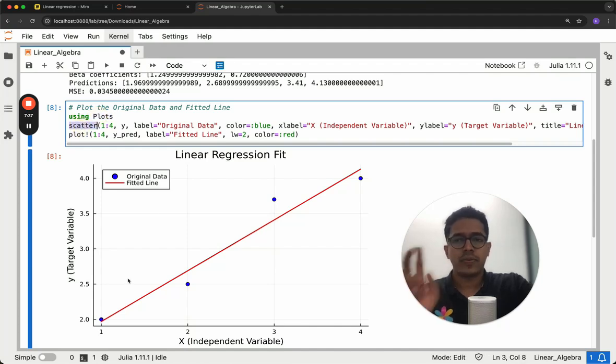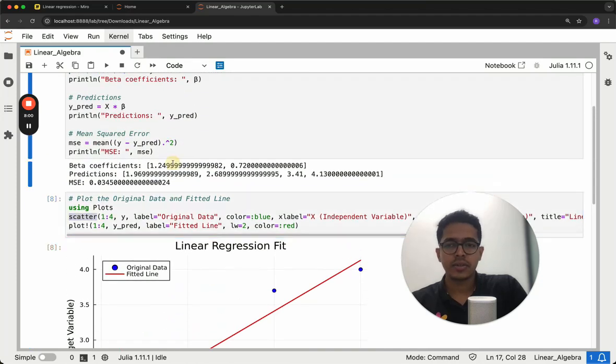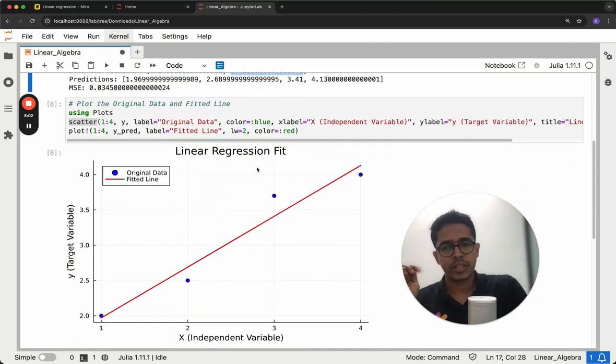It's a scatter plot of 4 points, and the 4 points are all the x values, which are not the predictions, the data points, and the red line is the least squares fit line. And the fit line is passing through the points really well, but you can see that the second and third points are deviating, and the intercept is not 0, but it's 1.24, and the slope is 0.72.